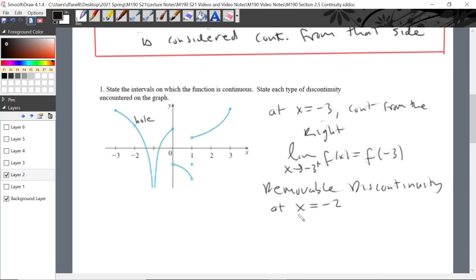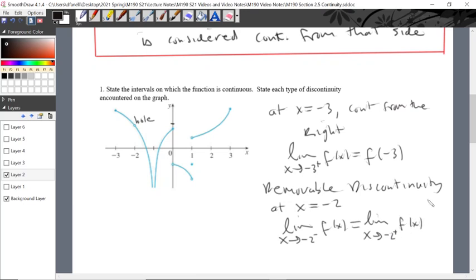Now, within the context of the definition of continuity, this more precisely means this: the limit of our function as x approaches -2 from the left of f of x, what is that equal to? We're not given the value, but that is equal to a finite value right here, whatever that is. But we also see that that's exactly equal to the limit of the function as we approach -2 from the right.